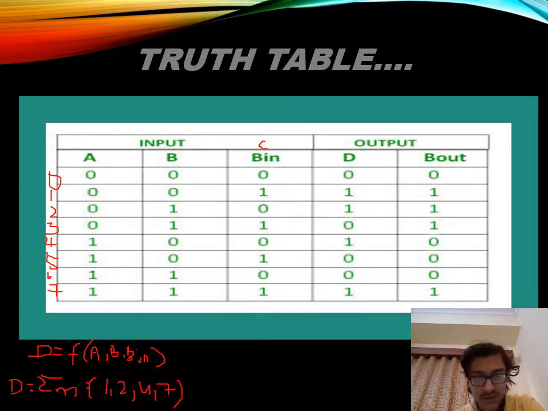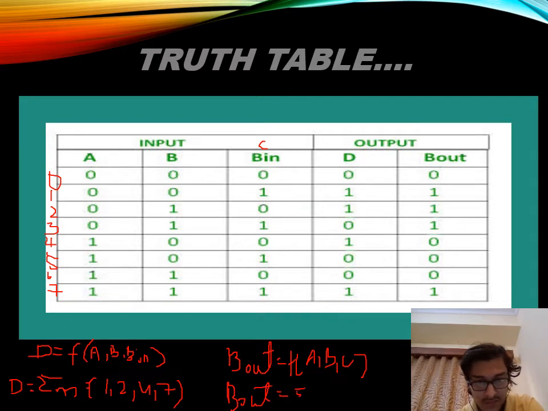Now for borrow, we will write B out equals F of A, B and C. I told you B in, we can write it as C. You can give it any name, it's an input. And for minterms, B out equals, now where is borrow high?